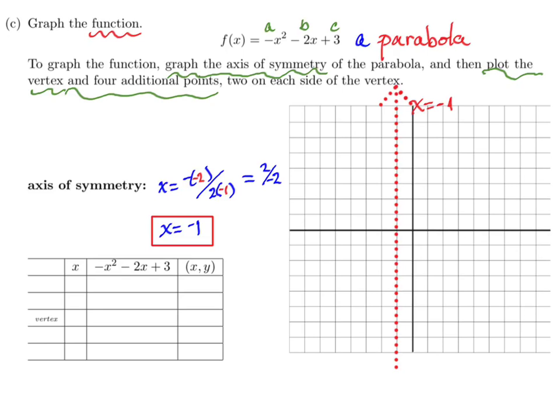So we know the x-coordinate of the vertex is -1. And so now I want to choose 2 numbers on the left side of -1 and 2 numbers on the right side of -1. So on the left, I'm going to choose -2 and -3. On the right, I'm going to choose 0 and +1.